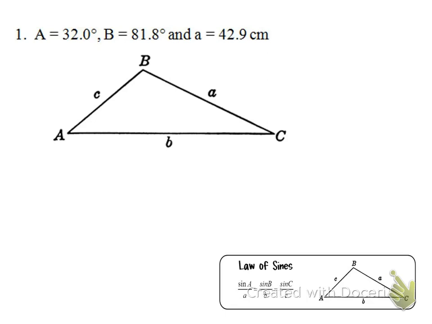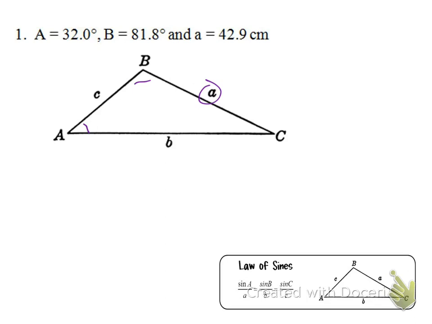And we want to solve it, right? It's like solving a right triangle. We want to make sure that we have all the missing side lengths and all the missing angle measures. And right now we've got the length of side A, and we've got the measure for angle A and angle B. Well, first and foremost, angle C becomes pretty easy. Just because it's not a right triangle doesn't mean that the angles stop adding up to 180.